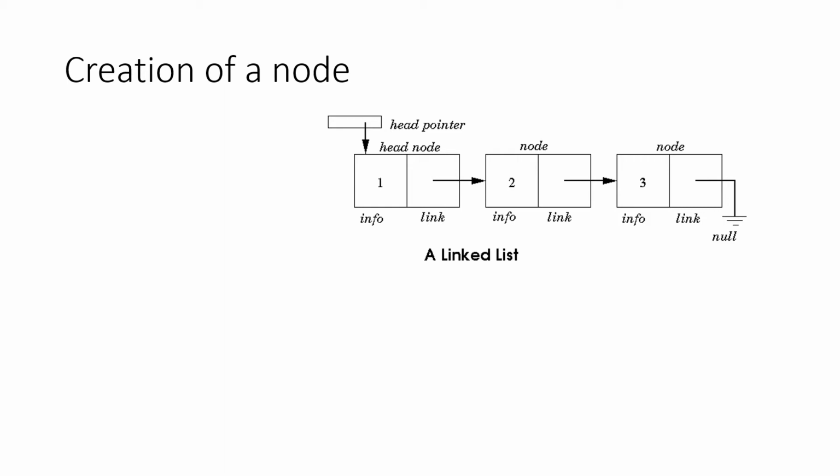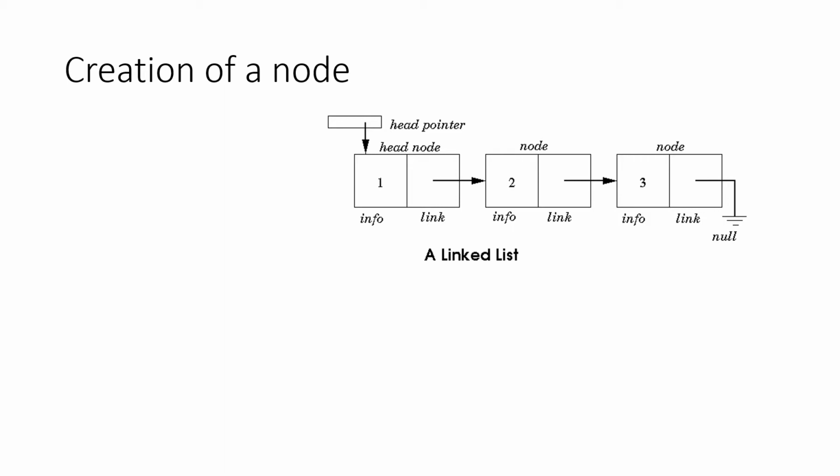Then how will the information be stored? The information will get stored in scattered memory locations. Scattered memory locations means wherever the space is free, that space will be utilized for storing the information.